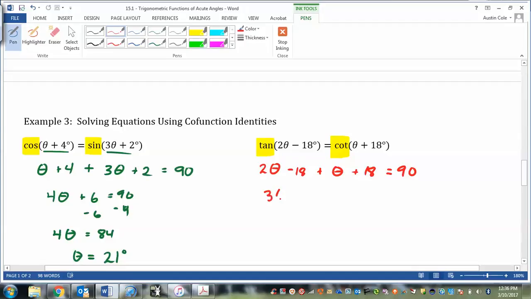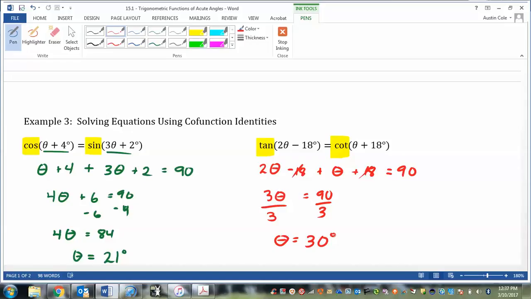Add them together, I'll get 3 theta. Those go away, don't they? It's nice. 3 theta equals 90. Divide both sides by 3, and theta equals 30 degrees. Questions there?